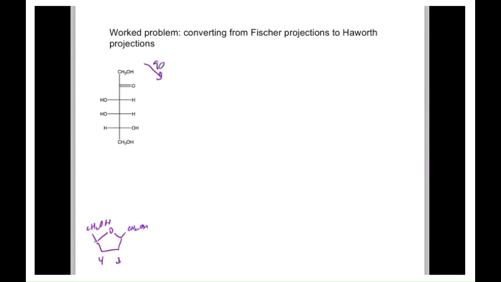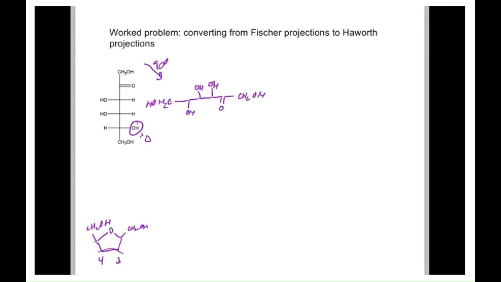We're going to rotate 90 degrees so that we end up with this. And once again, because the hydroxyl's on the right-hand side at carbon 5 in this case, this once again equals a D sugar.